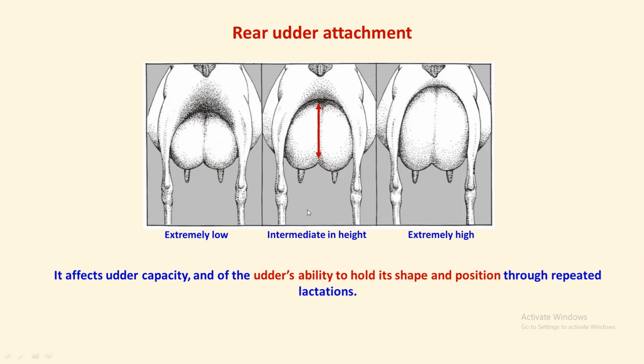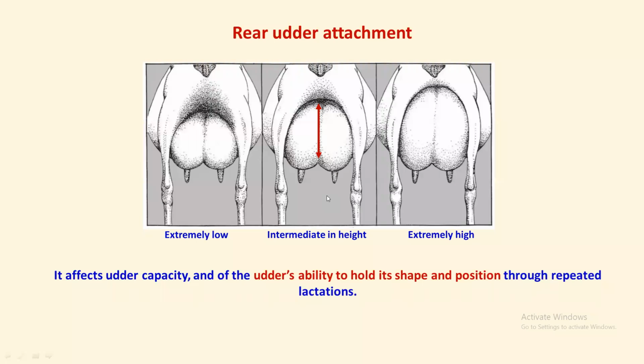If one animal is intermediate in rear udder attachment height, and the same animal has a strong fore udder attachment, then that animal should be selected. Likewise, you have to make a balance between the traits. Intermediate is still something you can allow.